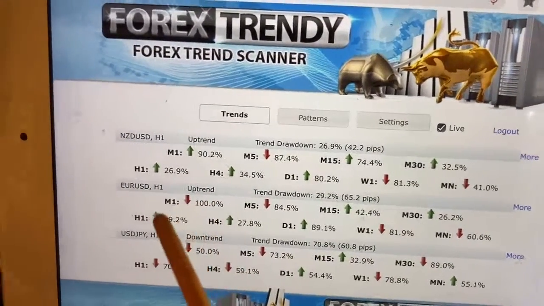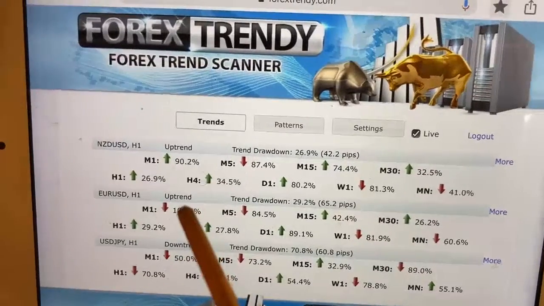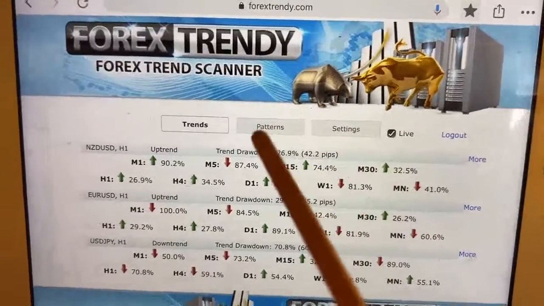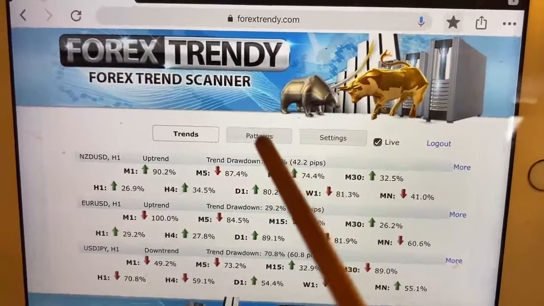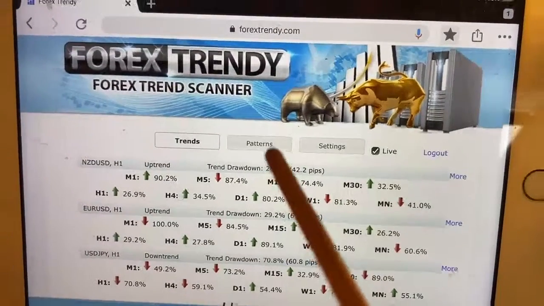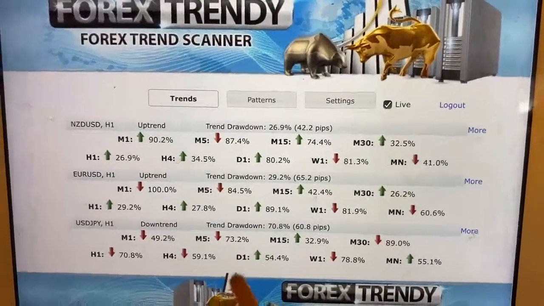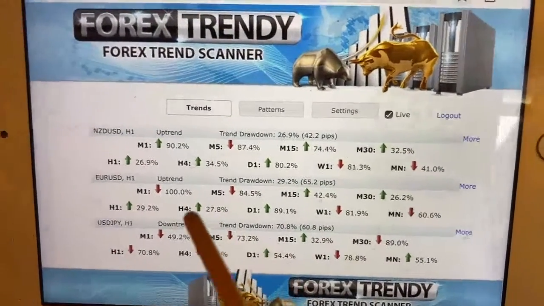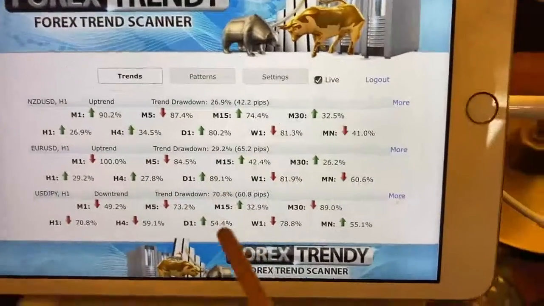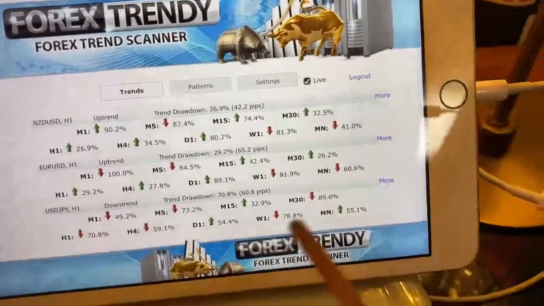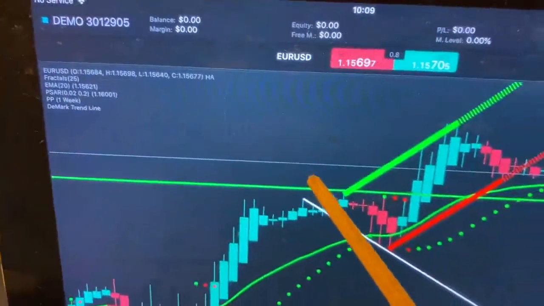Even if we get a pattern signal, the only pattern signal we're going to take is when it brings a buy.